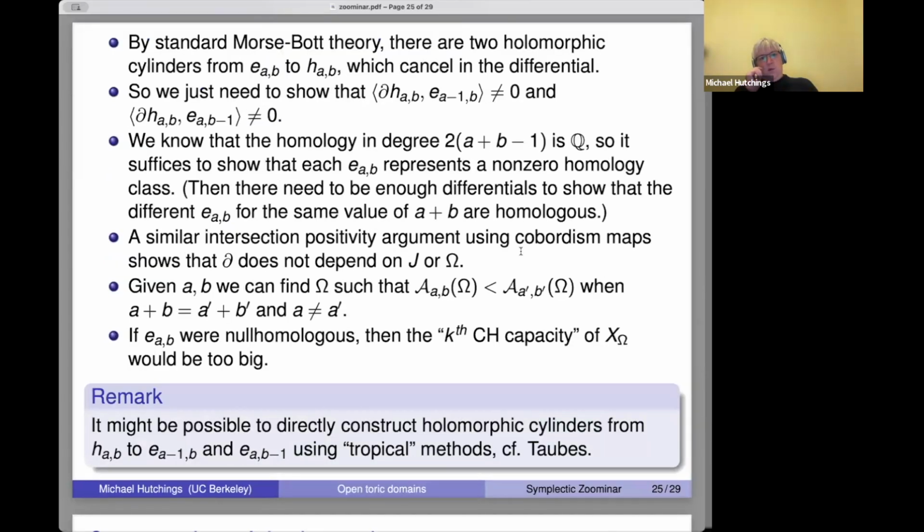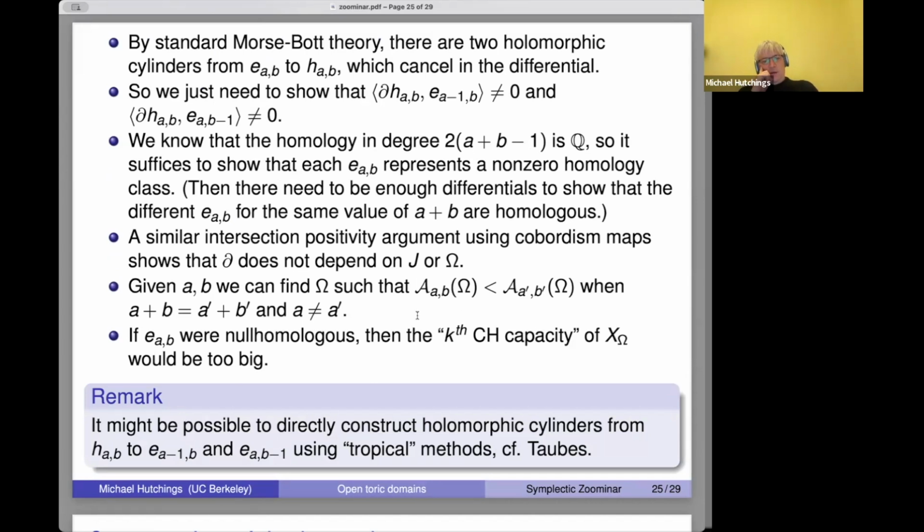Now, you can do another intersection positivity argument to show the differential doesn't depend on J or omega. So to prove that EAB is homologically non-trivial, I can find a single omega where that's the case.